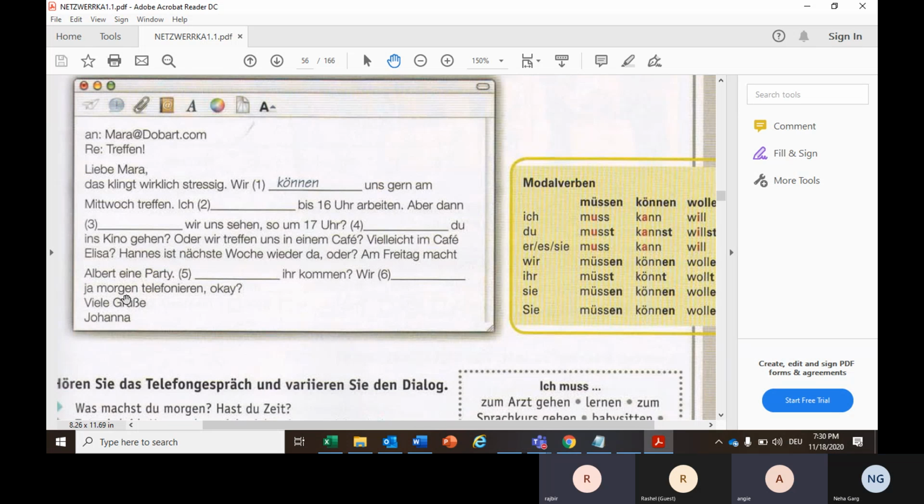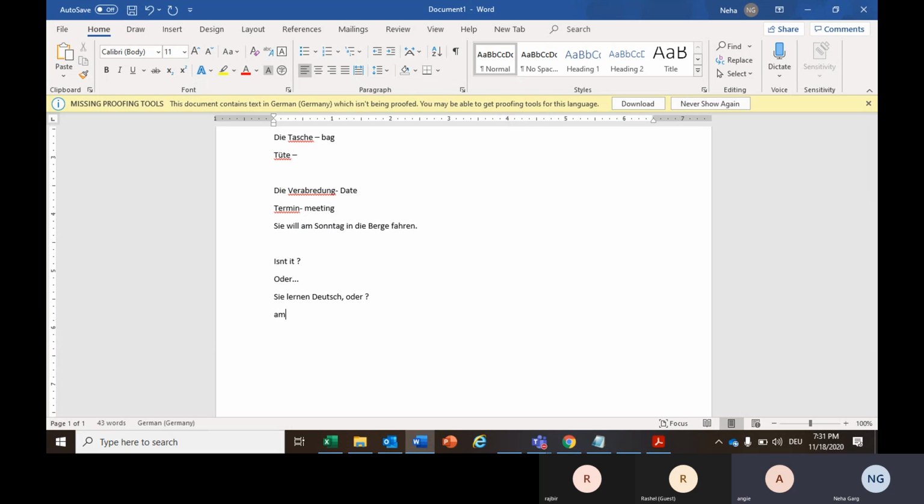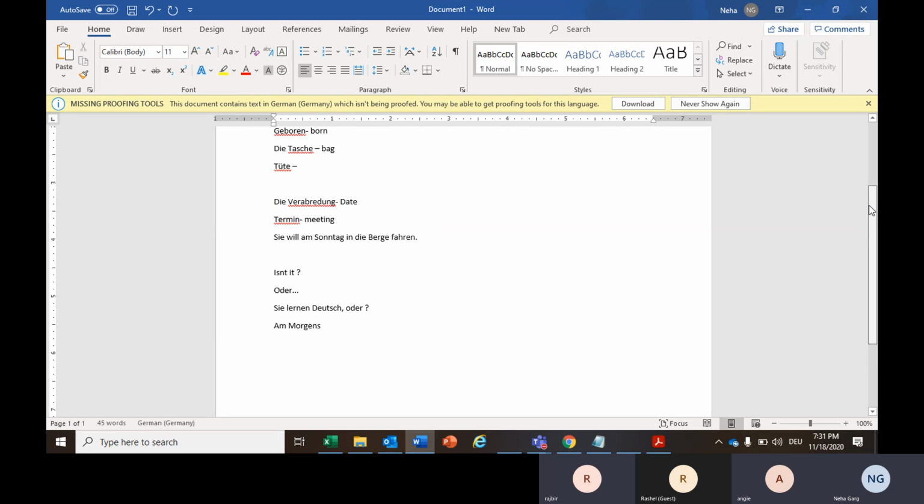That is this Morgen. Can we also put Morgens with S? That is something you usually use at the beginning of the sentence. So when you say in the morning, when you maybe do something in plural, Morgens, like, in the mornings I do yoga.